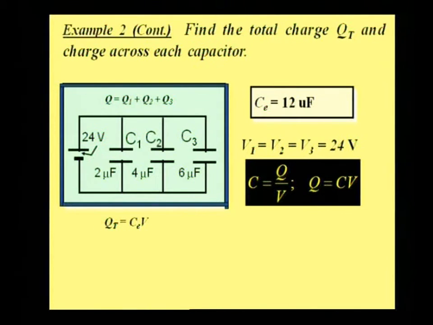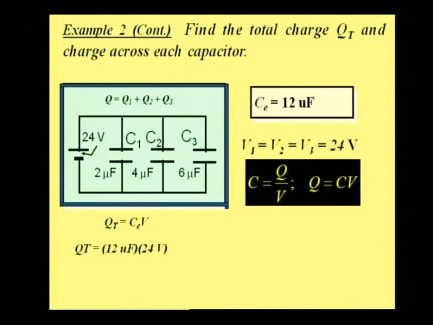So Qt equals Ce into V, because we have to find the total charge of the circuit. You can also find the individual charge stored in each capacitor using the equation: Q1 equals C1 into V, Q2 equals C2 into V, and similarly Q3 equals C3 into V. Here Ce is 12 microfarad and the given voltage V is 24 volts.